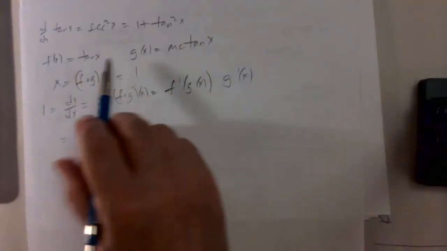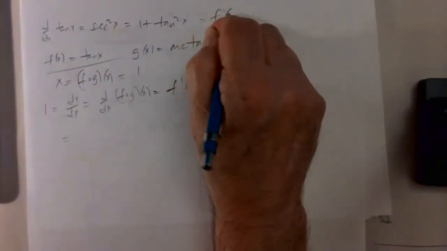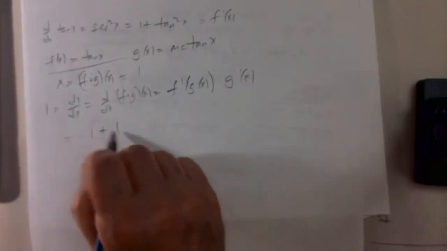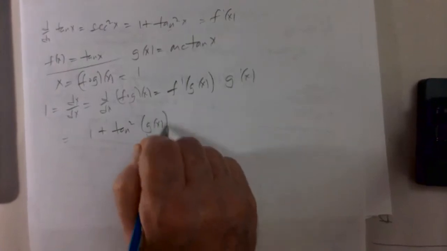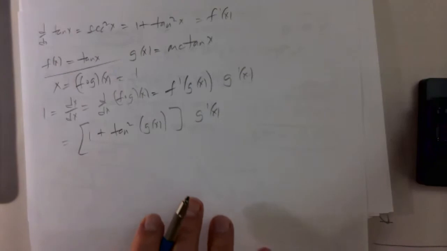This is the derivative of the tangent. The derivative of the tangent is 1 plus tangent squared. So this is 1 plus tangent squared of g of x times g prime of x.